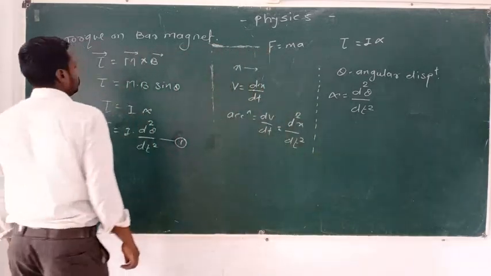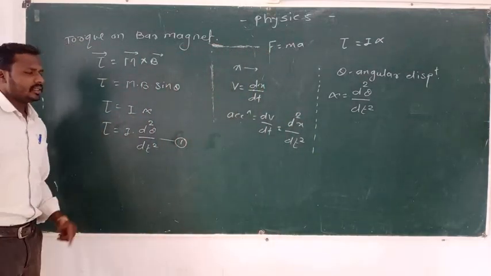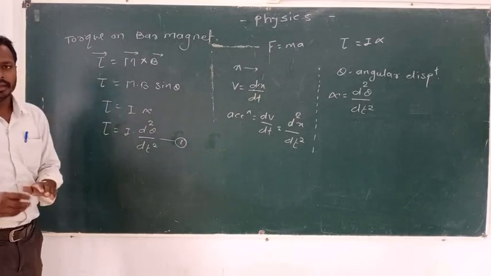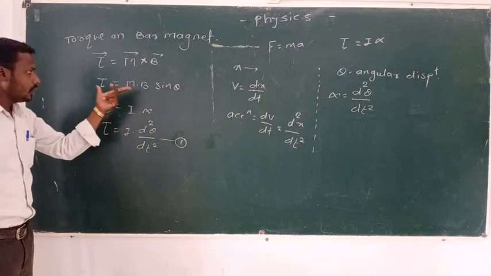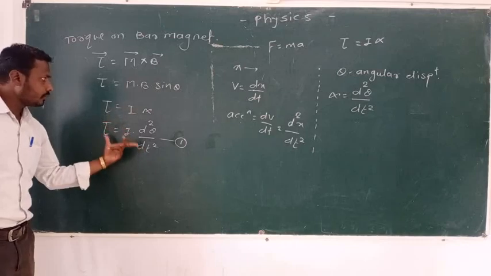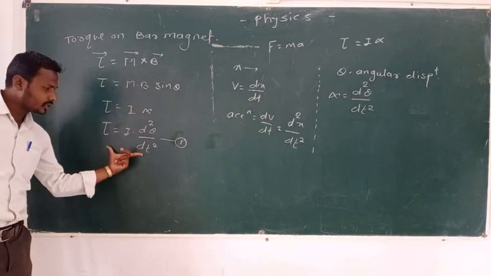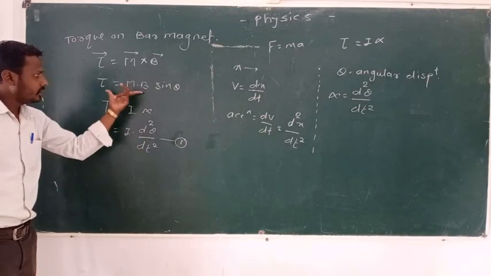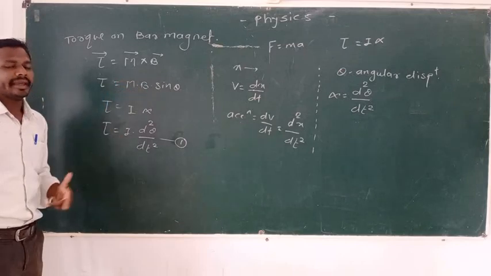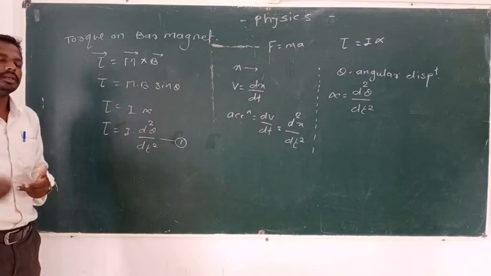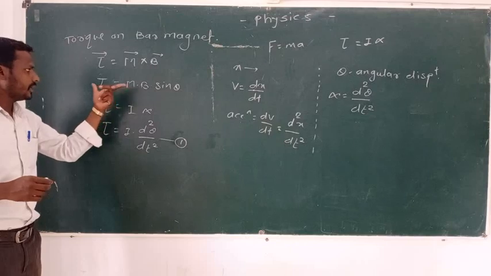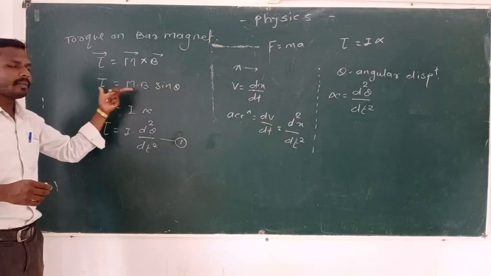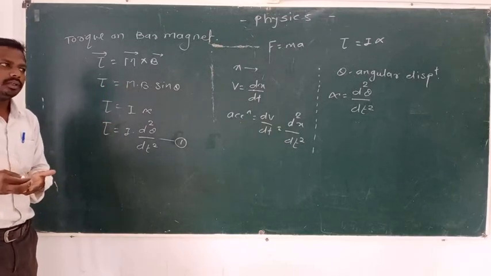Now we know that when any bar magnet is kept in uniform magnetic field, it experiences a torque. This torque and this torque both are the same. This is the applied torque, and this torque is produced due to the external magnetic field on a bar magnet.